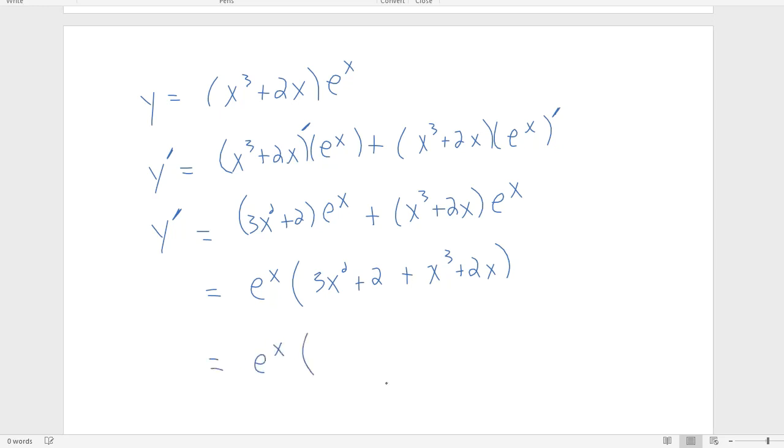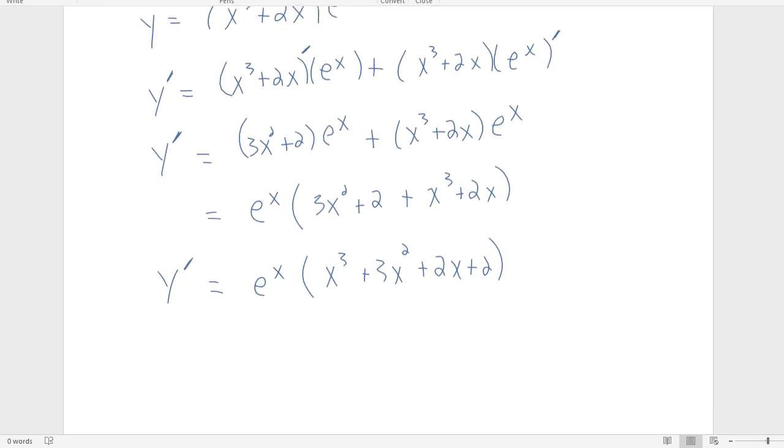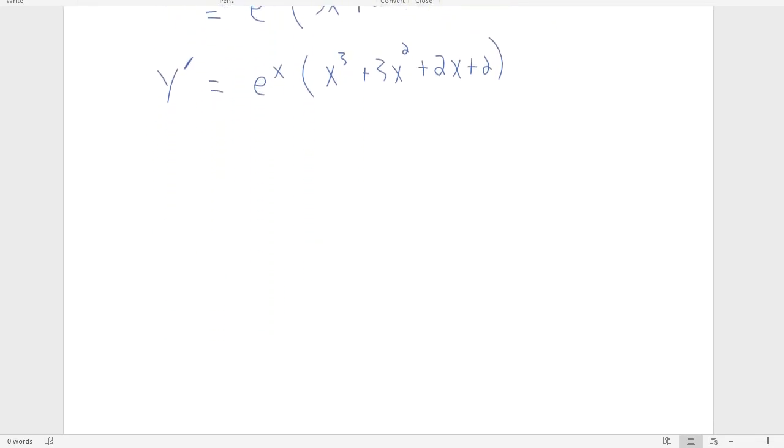So if I clean that up a little bit, I have x cubed as my leading term, I have a 3x squared, I have a 2x and a 2. So all I've done is, because it was an opportunity, I avoided doing a product rule here and a product rule here, and I now have just simplified, and I'm only going to do one product rule as I find my second derivative.